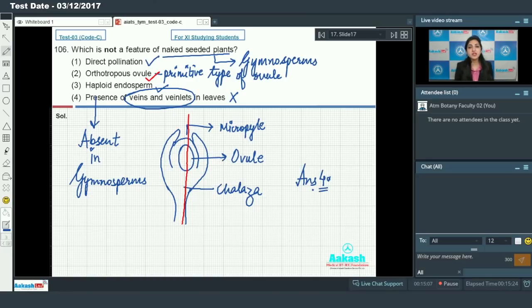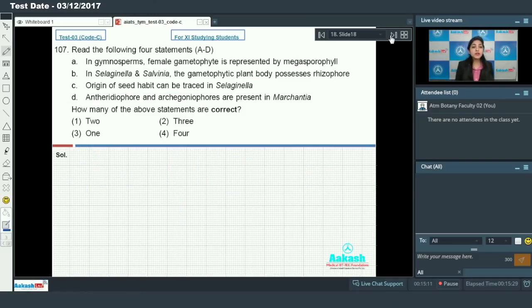Moving on to the next question, that is question number 107. Read the following 4 statements A to D and say how many of the statements are correct. In gymnosperms, the female gametophyte is represented by megasporophyll. Incorrect.